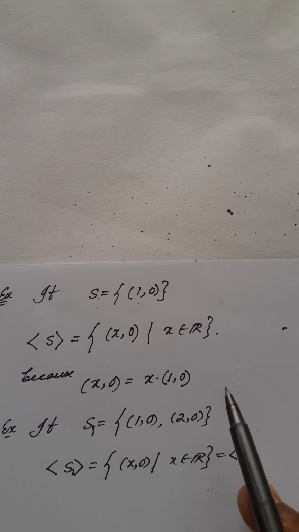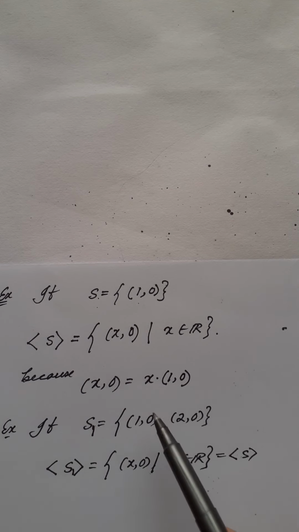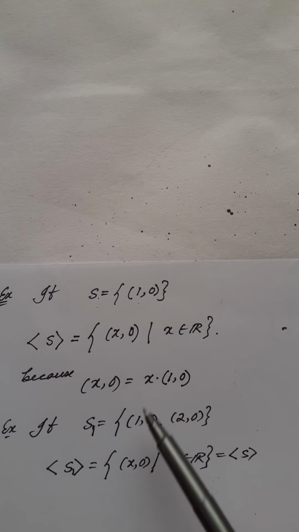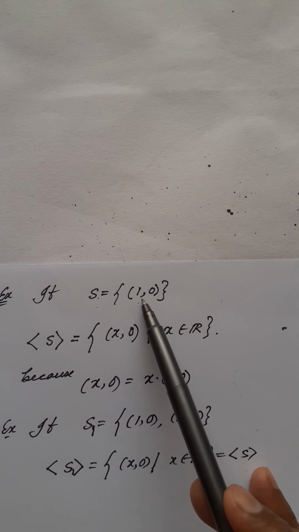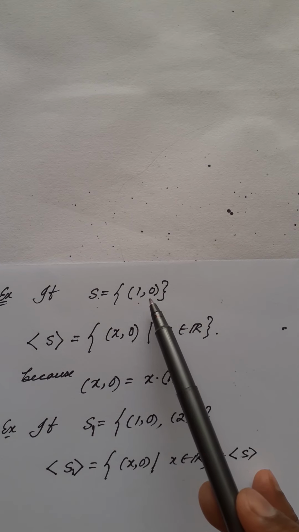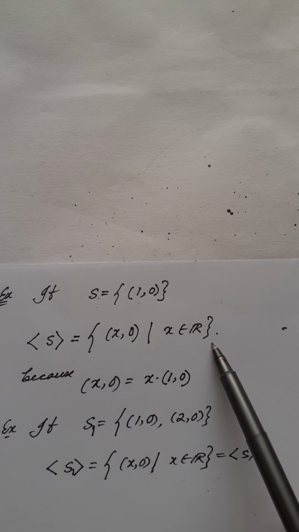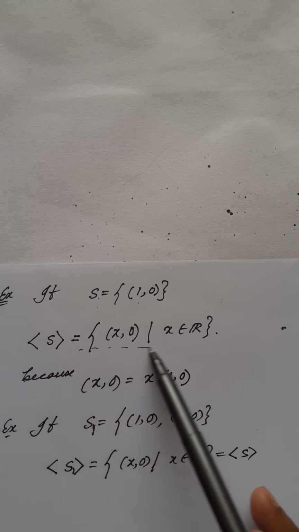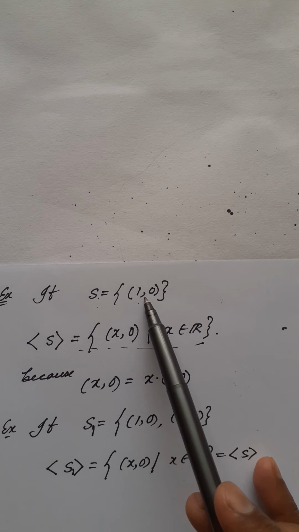So if I want to remember a member that generates this set, instead of remembering both, I will remember (1, 0) only, because this is enough to generate the whole set. And here the concept of basis comes. We'll say that a basis of this set contains only one vector.